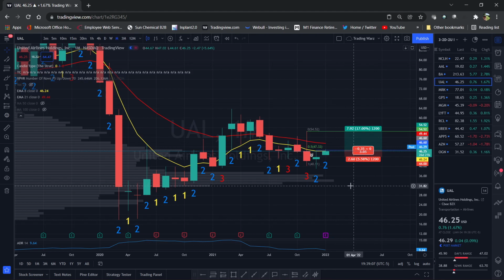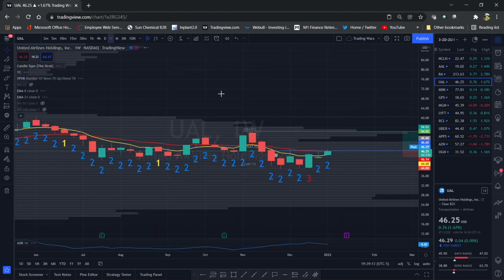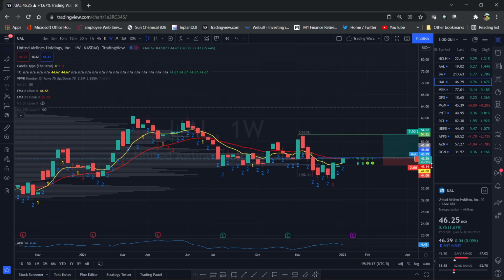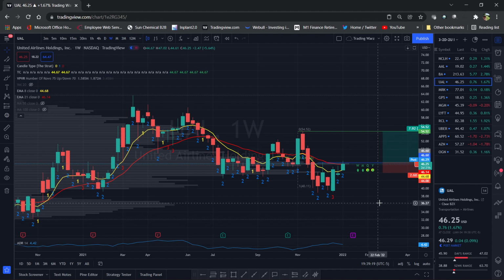I mean my entry, but I did not take a position. Let me get the weekly. So it did just close above the 21, it looks like, so that's good. If it stays above that, gets back above my entry, I'll definitely consider a position on that one.